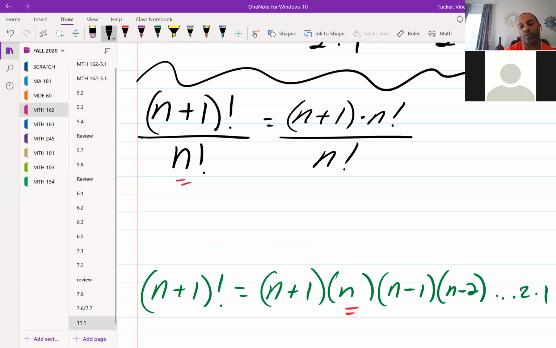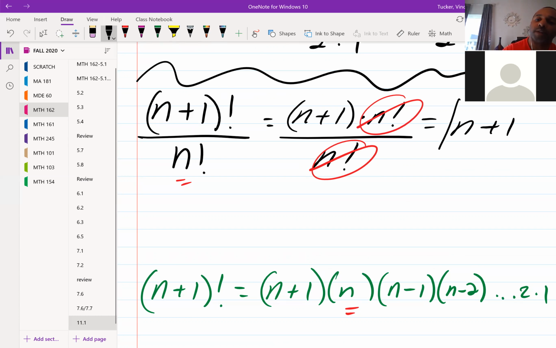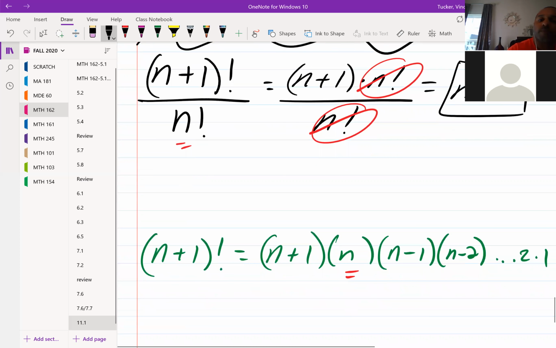And remember, n factorial is n minus 1, n minus 2, n minus 3, all the way down to 1. And they're going to cancel for me and leave me with just n plus 1 as my answer. All right, questions on that one?